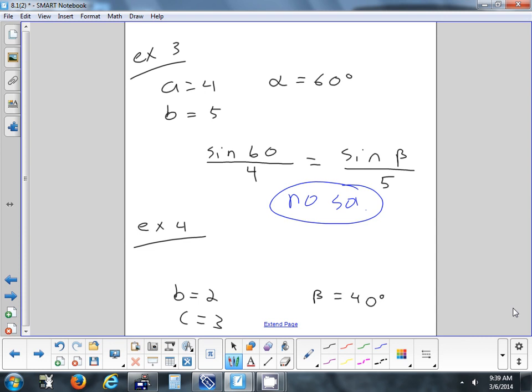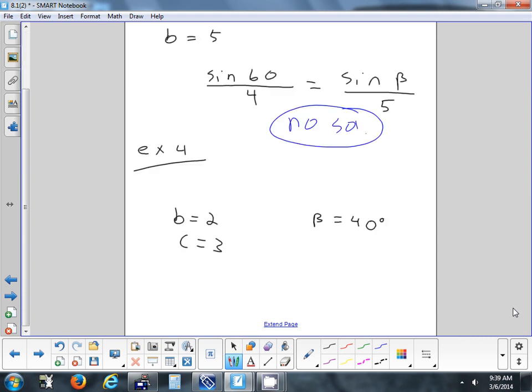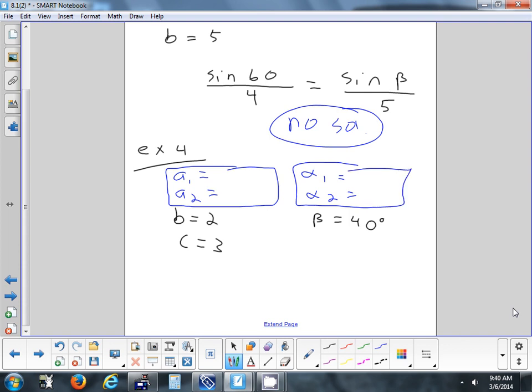All right, so let's look at example 4. This is the one I said should have 2 solutions. So we need A1 and A2, alpha 1, alpha 2, and gamma 1, gamma 2.